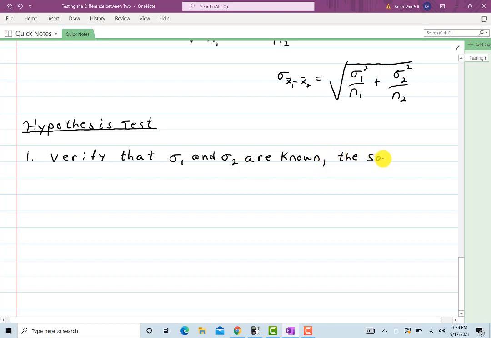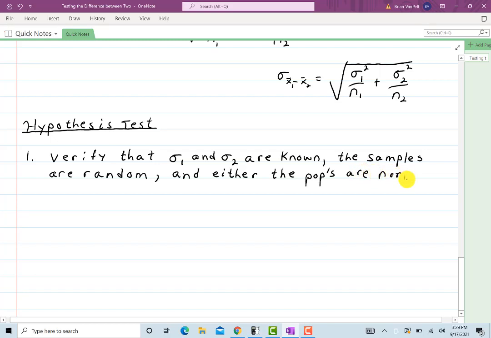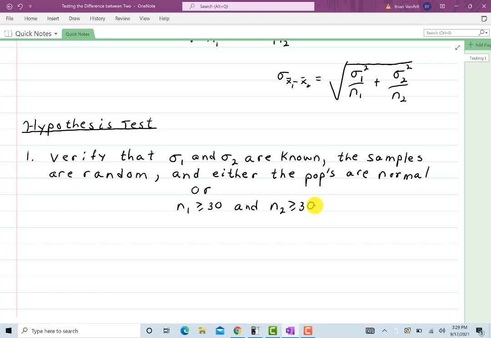The samples are random, and either the populations are normal or n1 is greater than or equal to 30 and n2 is greater than or equal to 30. Most of these things, you only will have to decide this if you're doing a real life project. For most of the problems that you have to do in this textbook, obviously, we'll state these things up front.